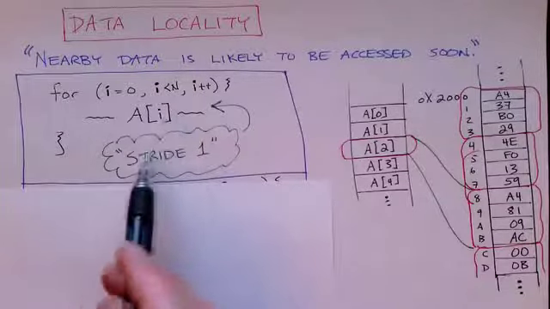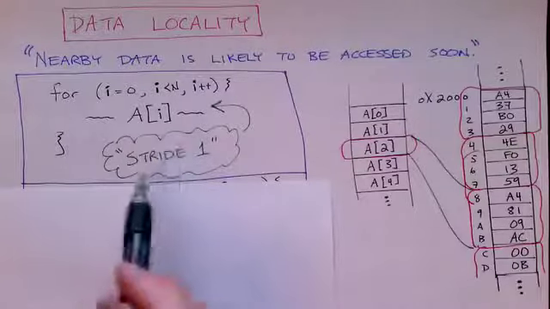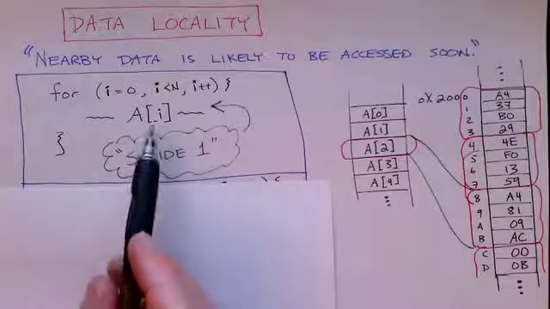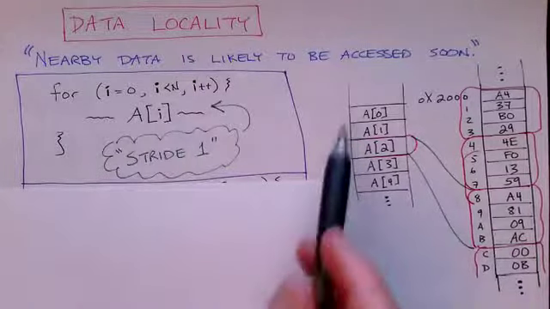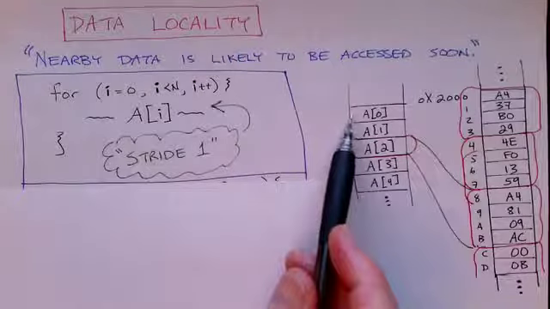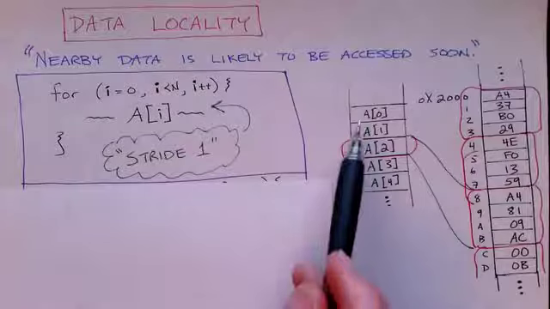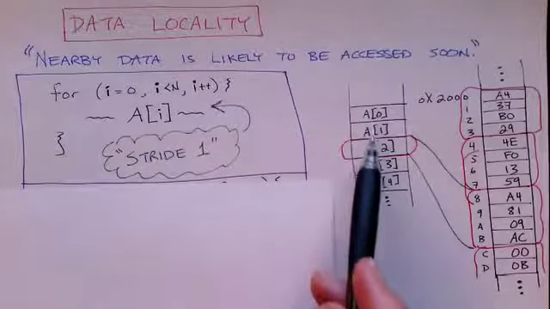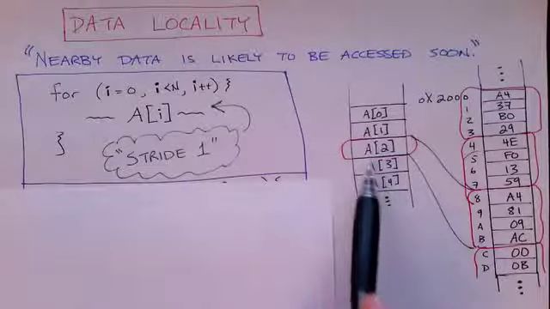So since it touches every element of the array in turn, we say that it has stride 1. Okay, so it's going through the array, element by element. So how is this array stored in memory? Well, here on the left I show more schematically that the array is stored with one element directly after the next. So A0, A1, A2, A3, and so on.